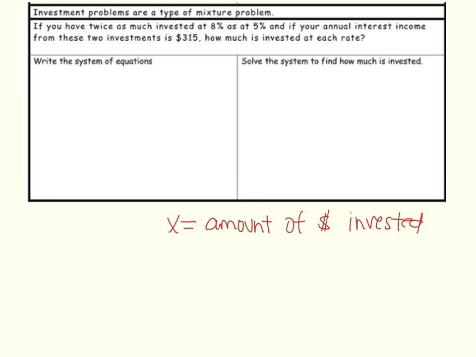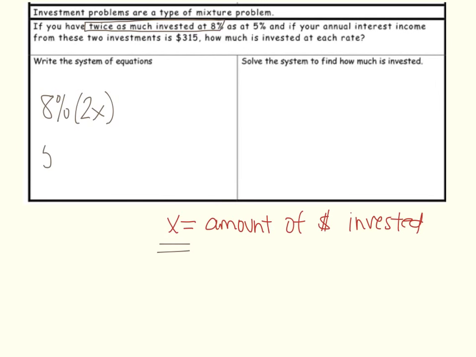So let's look at the first part of this. You have twice as much invested at 8%. So twice as much of what? As much as the amount that you invested. So at 8%, you have twice what you invested at 5%.